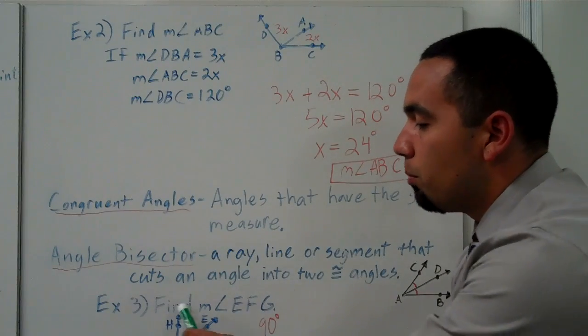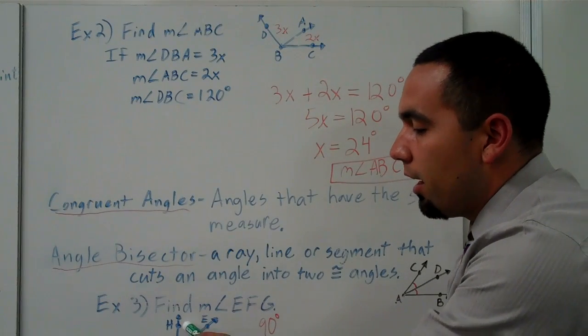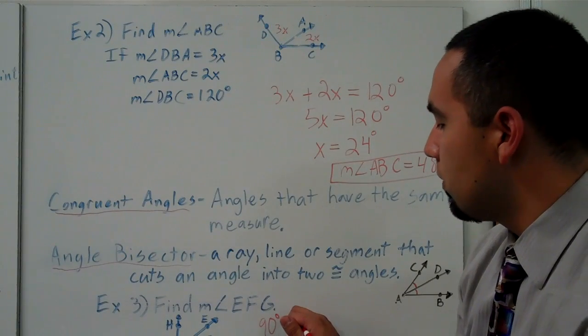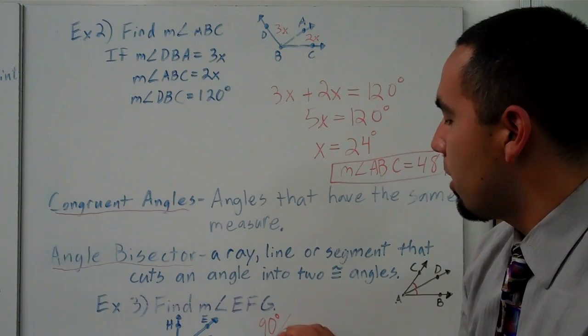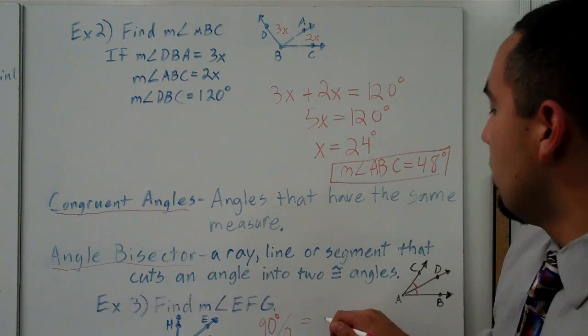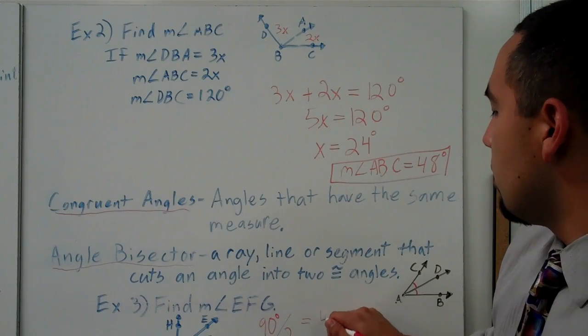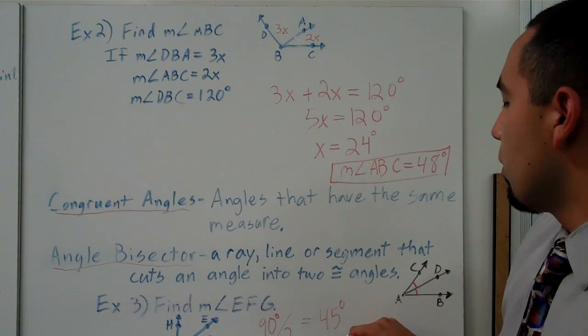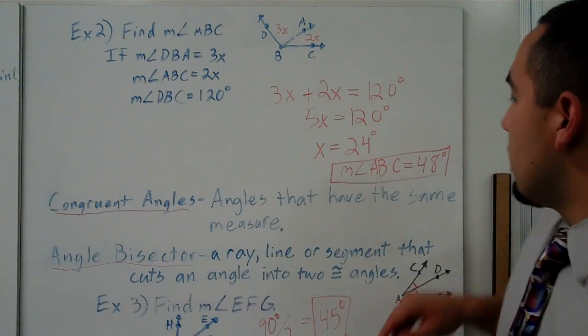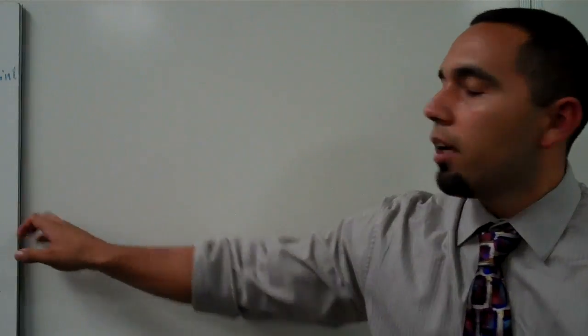If the big angle is equal to 90 degrees, and these two pieces make up that 90 degrees, then all I should have to do to find out what the small angle is, is take my 90 and divide by 2. So 90 divided by 2, the measurement of angle EFG should be 45 degrees. So that's measure and classify angles, and we are done.